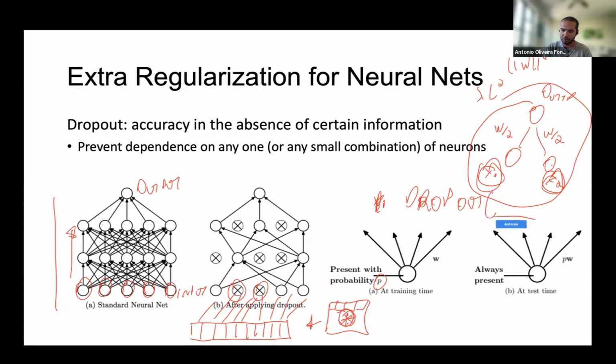The parameter of the dropout is this p, which is the probability of this node being present. If I say this is going to be a p of 50%, then every time that I do a new pass, there is a probability of 50% that this node is going to get removed. After I have done the training pass and I want to run inference, I no longer want to run inference with just a few of the nodes.